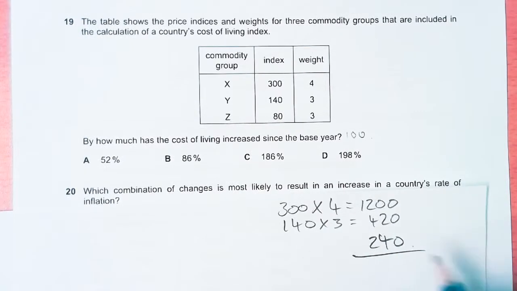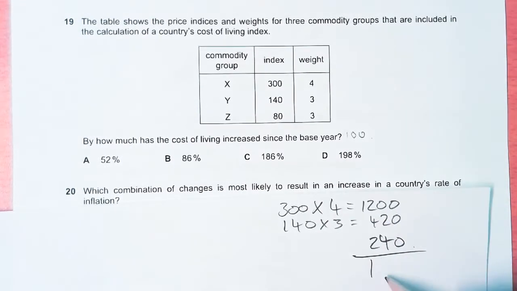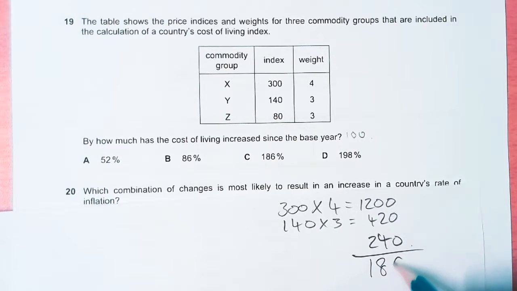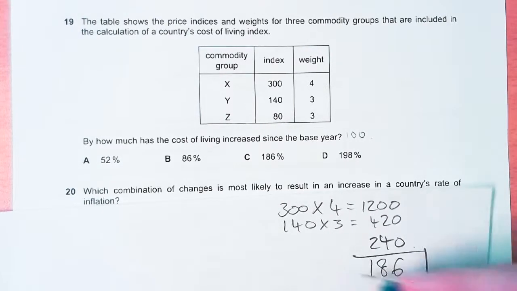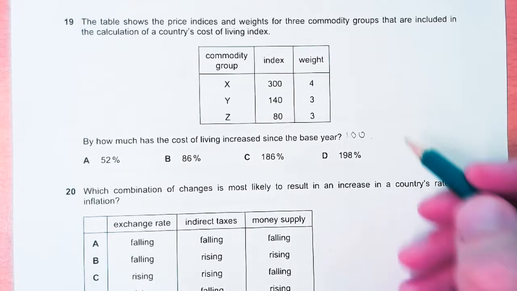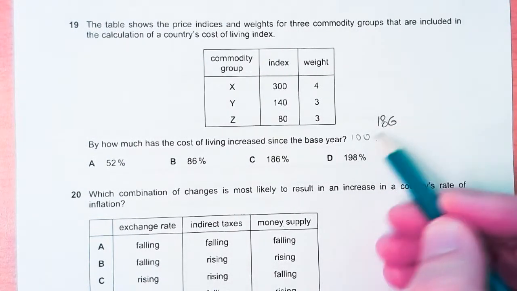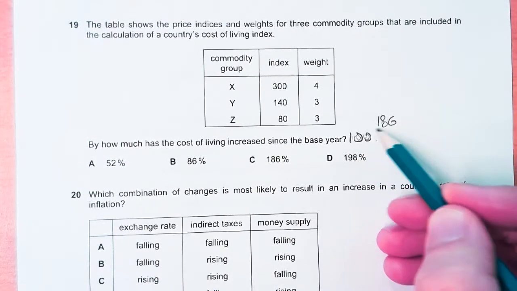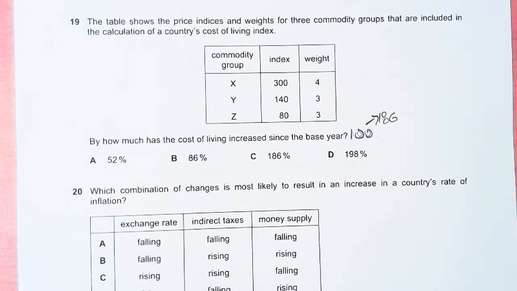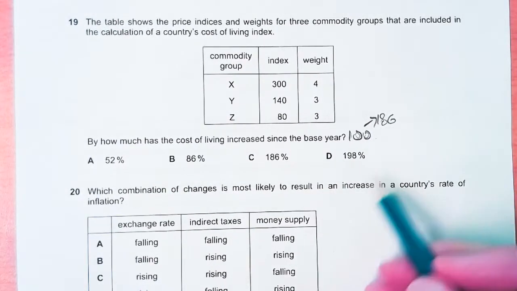So this would be as a total 186. That would be our total. So going from 100 to 186, we can see we've got an increase of 86. So the overall increase is 86, the answer would be B.